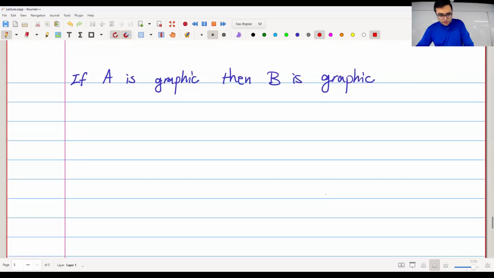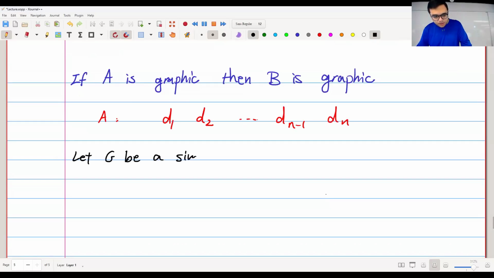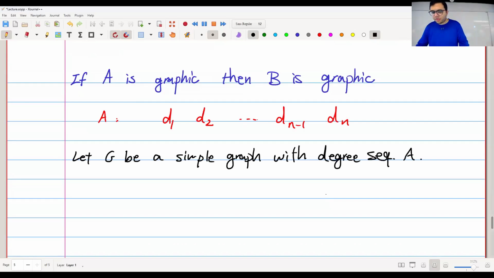So here's the thing. Let's say I have, again, D1, D2, so on, Dn minus 1, Dn. This was my sequence A, right? So let's say someone has given me a graph with this degree sequence. Let G be a simple graph with degree sequence A. Okay.